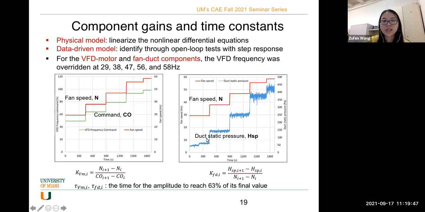With this data, we can calculate the fan duct gain, which is the ratio of the duct static pressure change to the fan speed change. And for the time constant, we measure the time for the amplitude to reach 63% of its final value.